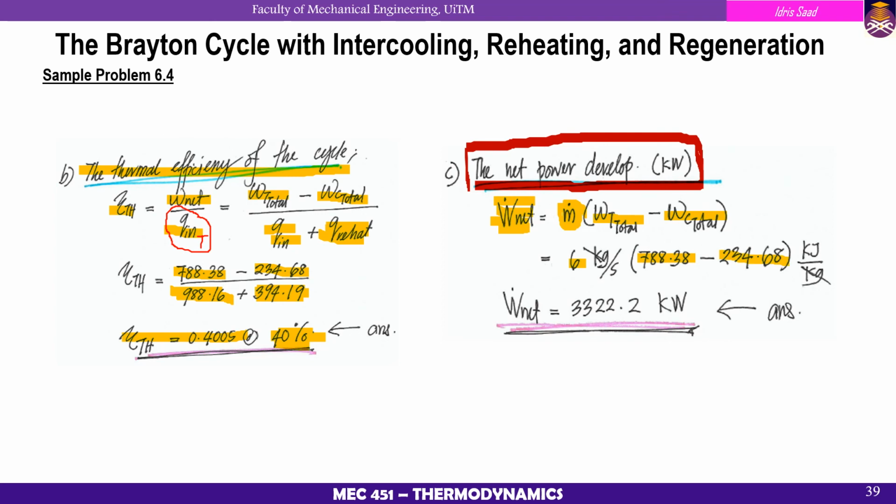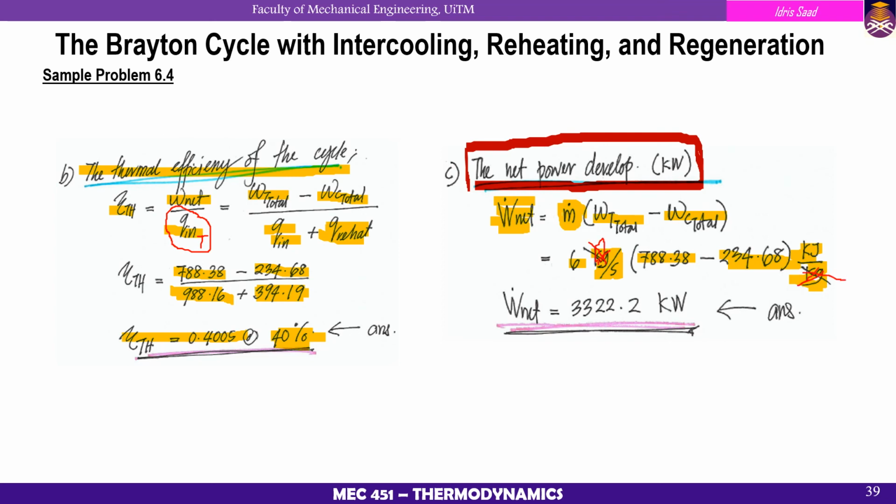I would like to draw your attention to the units. The mass flow rate is in kilogram per second, and the unit of work net, compressor work, or turbine work is kilojoule per kilogram. So here we can cancel out the kilogram with kilogram.